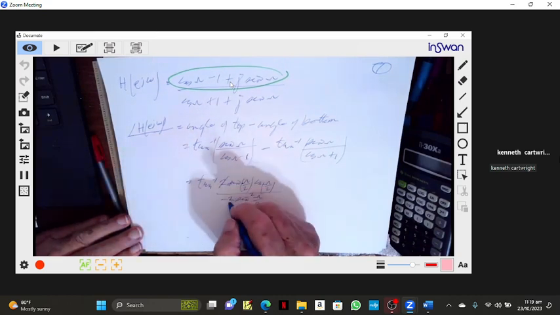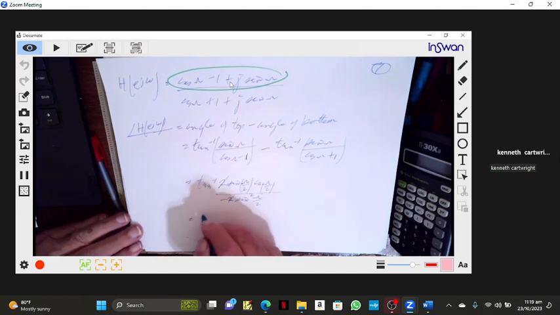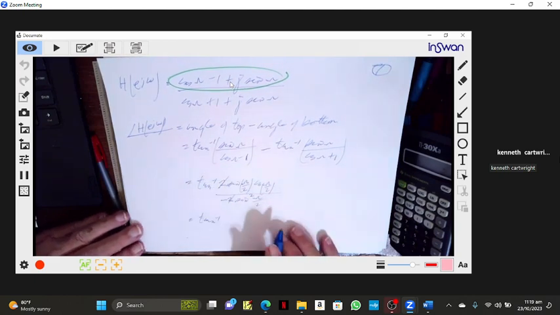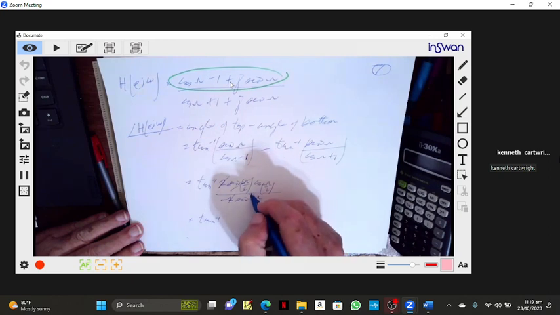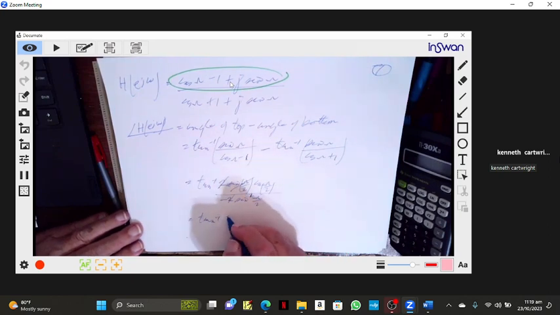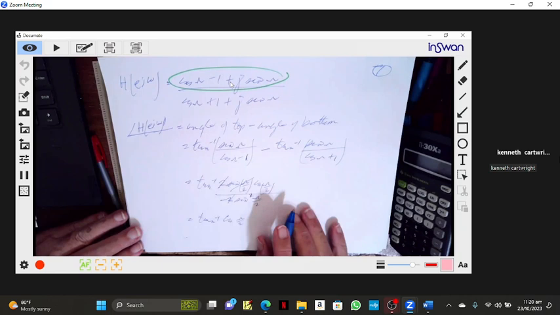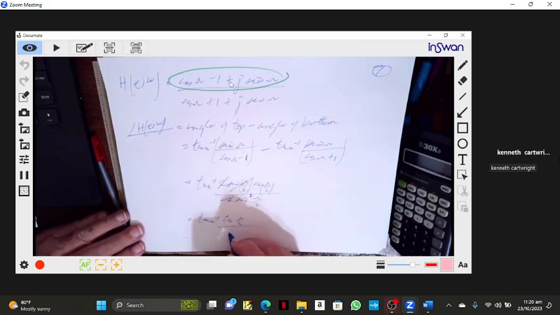So this 2 cancels that 2. And this sine cancels one of these. So we are left with cosine omega over 2 over minus sine omega over 2.